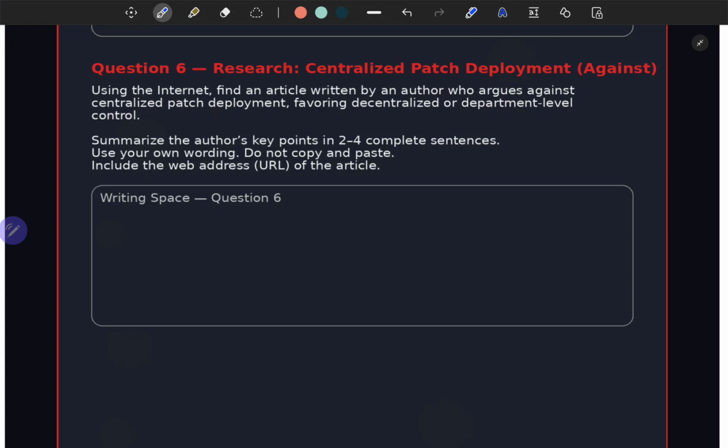Now, you might have the same situation, but this is decentralized, right? A department level. Every individual department would decide on their own pretty much how they're going to patch everything. The response speed is going to vary based on that.